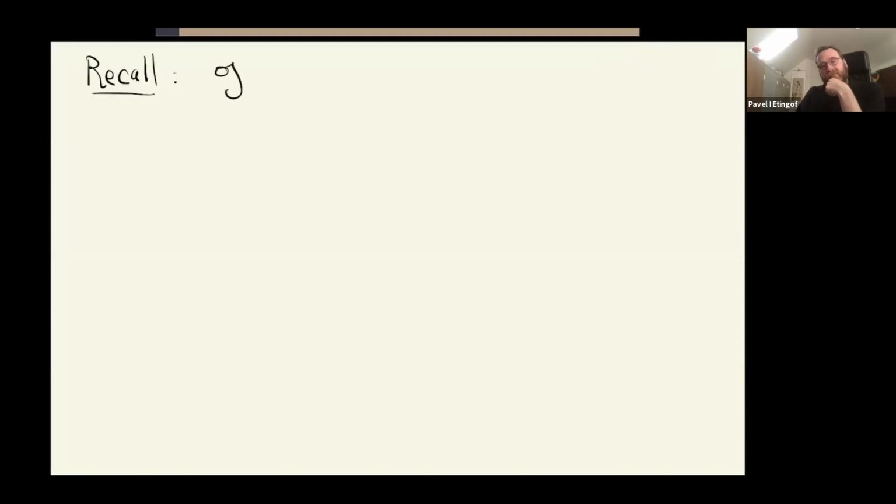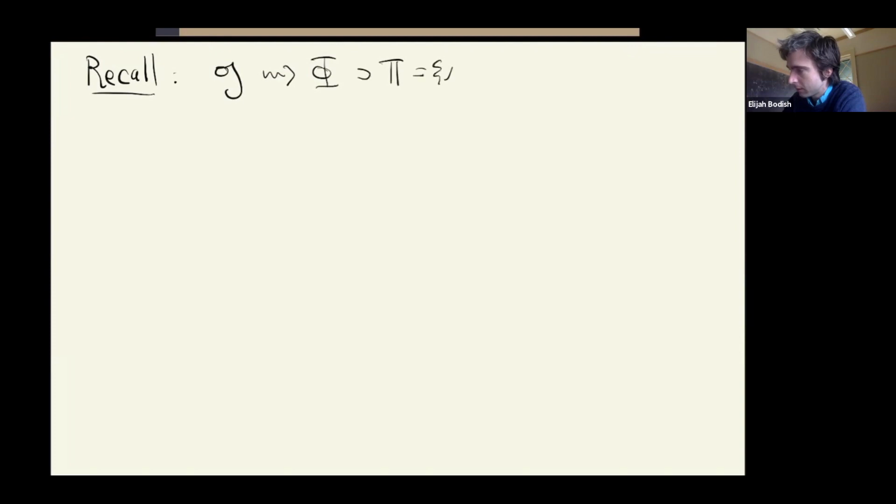Let me just rather briefly recall where we were, starting with just a reminder of some of the notation. So we had our G complex semi-simple Lie algebra, roots, simple roots. We had a weight lattice.